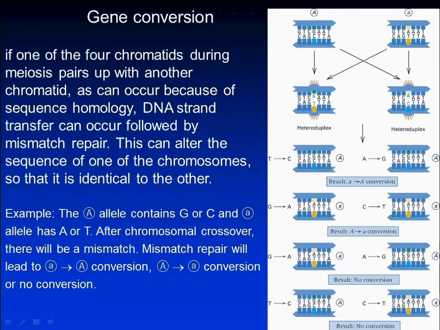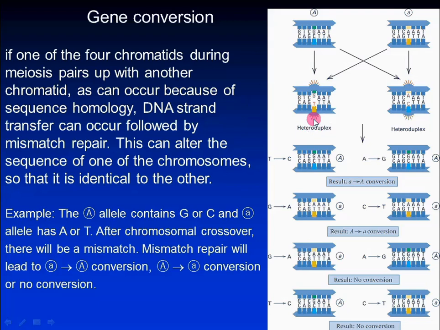During meiosis, 2 homologous chromatids can pair up and DNA strands can be exchanged between them. For example, these are segments from 2 homologous chromatids. Exchange of DNA strands will lead to formation of heteroduplex with 1 base pair mismatch, as shown here.